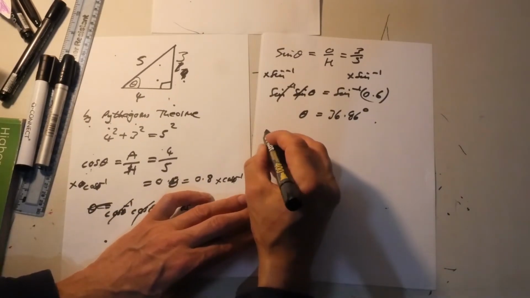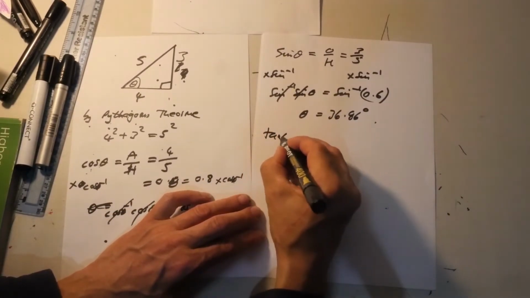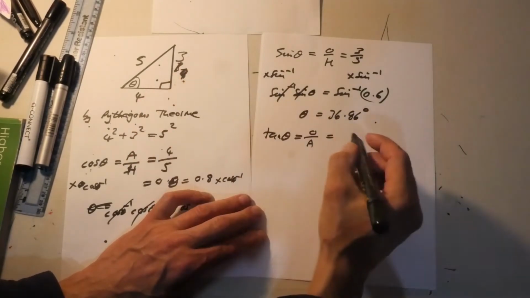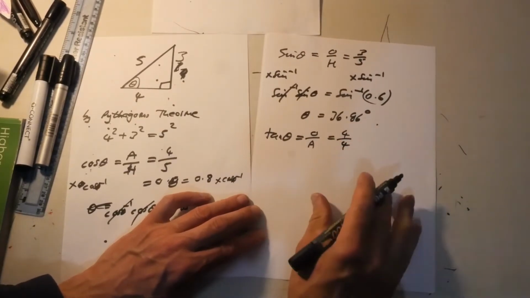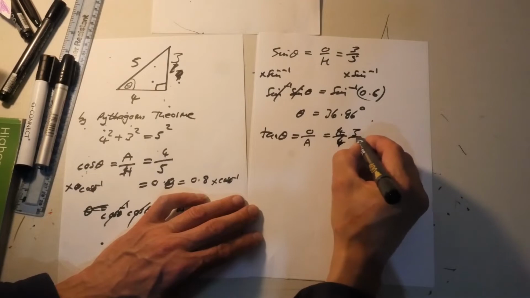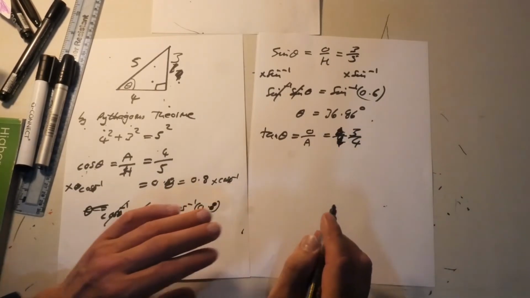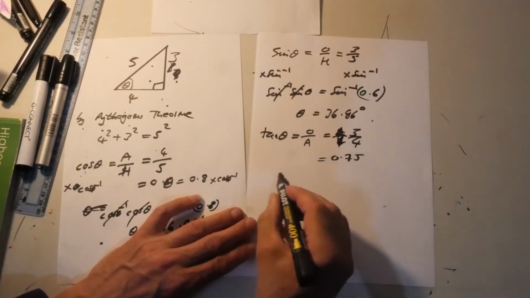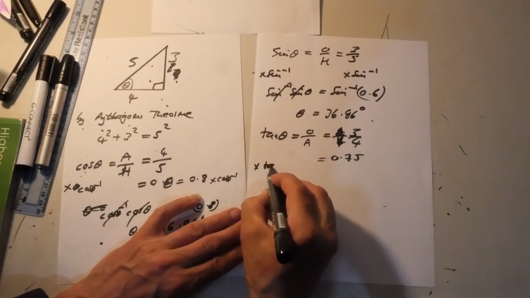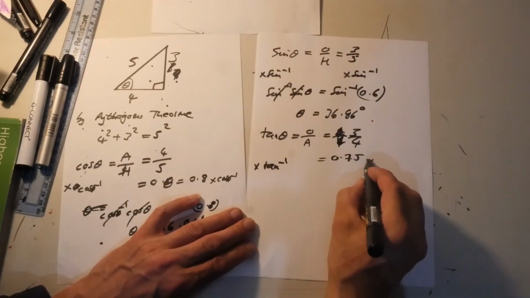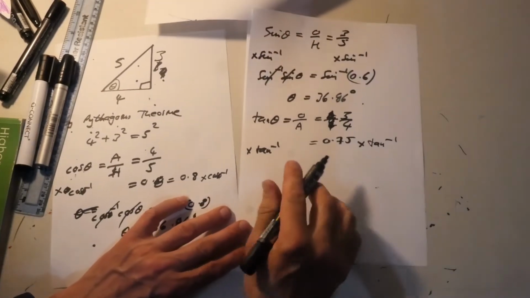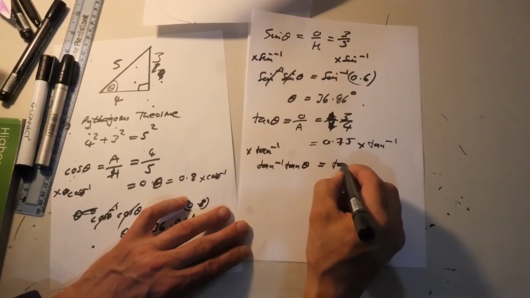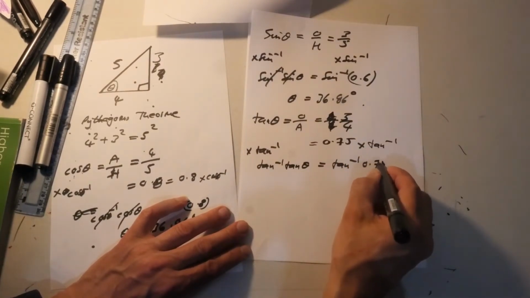And the tan theta, again, is opposite over adjacent, so you can write that as 3 over 4, okay? So 3/4 is equal to 0.75. So again, you multiply both sides by tan minus 1, so you get tan minus 1 tan theta equals tan minus 1 of 0.75, okay?